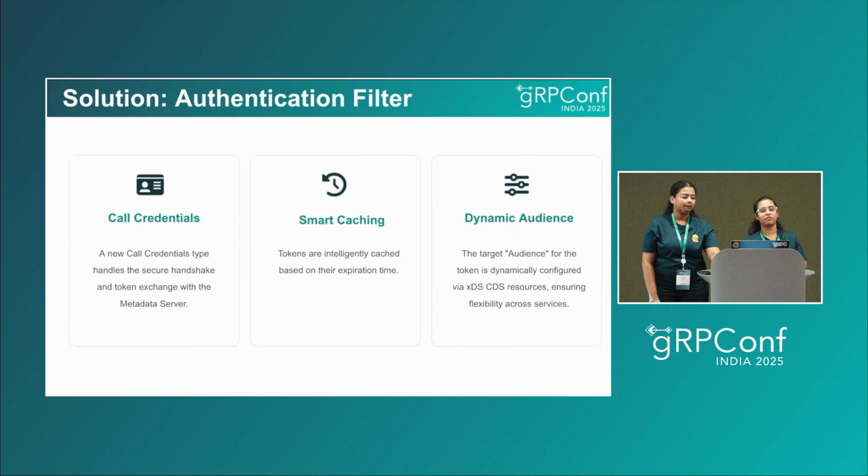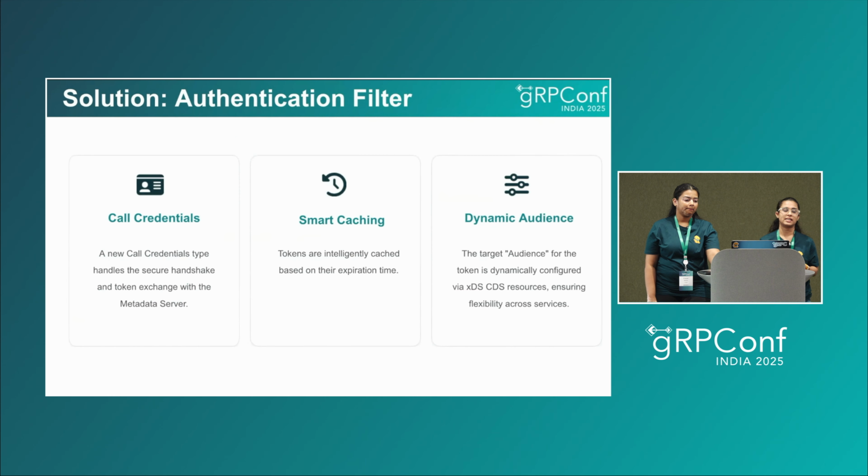So to do this, we implemented a new type of call credentials in gRPC. These credentials will handle everything from the secure client handshake to the metadata server, fetching the correct JWT token and attaching it to the request metadata. But you would think that this is going to be a very latency-heavy process, because we would need to query the server every time an RPC goes out.